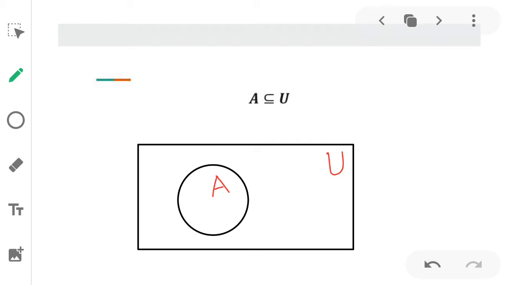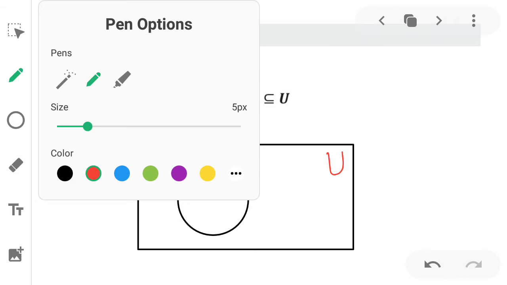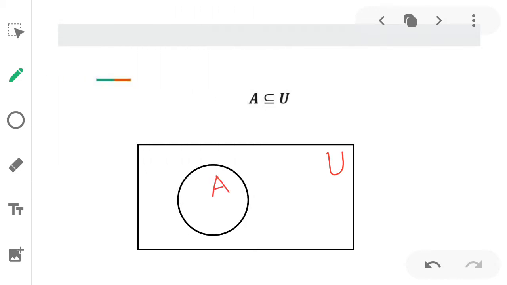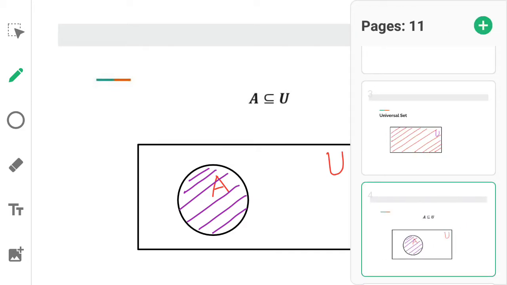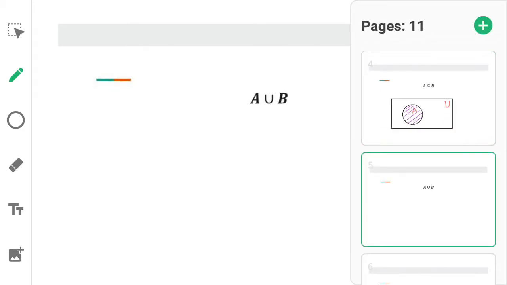So the rectangle represents the universal set and a circle inside that rectangle represents a set A. Here I will highlight only A, not U. This represents a set A, which is a subset of the universal set, and the highlighted portion denotes the elements of A.